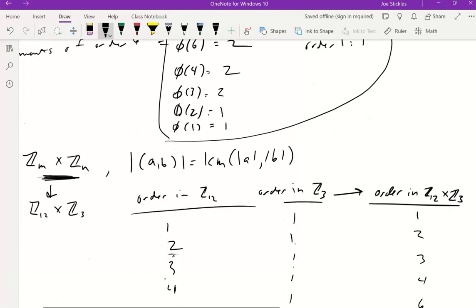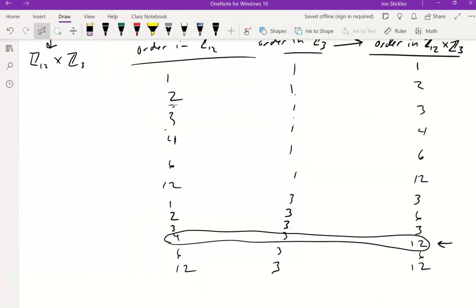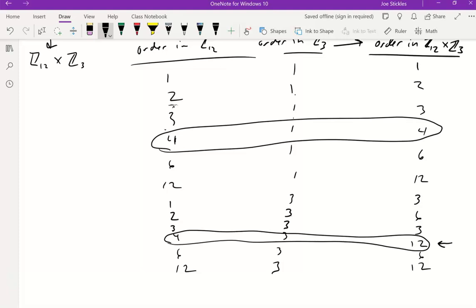Let me go back to this. Are we okay with where I'm getting this list from? This list of numbers here is just the least common multiple of these 2 going across. That part okay? The reason why I listed it out this way is because if I look at a particular row, I'm just figuring out the different ways that I can piece things together to give me an ordered pair.